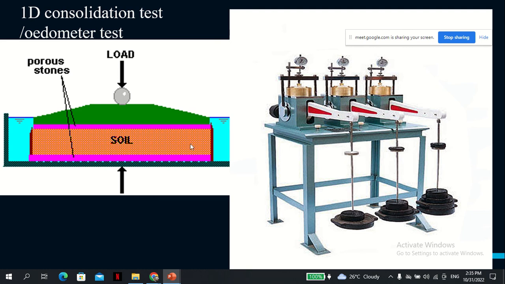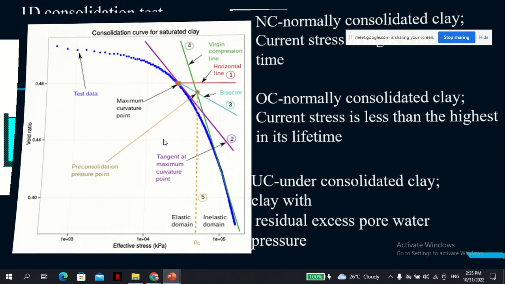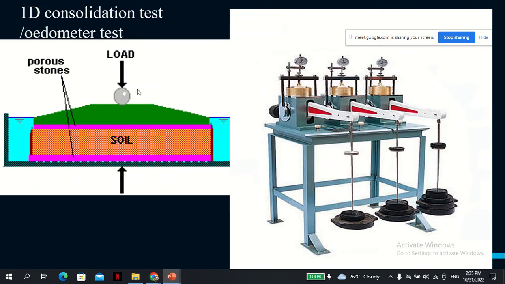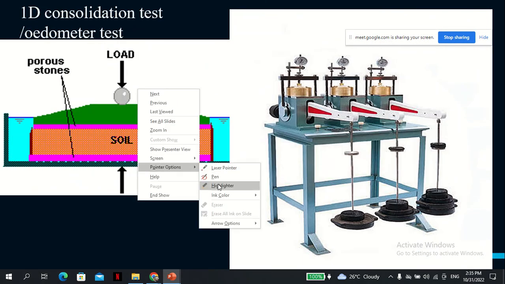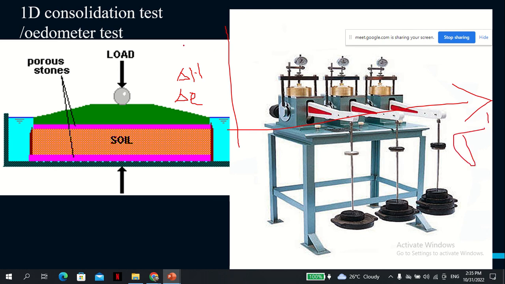If you can get the changes in height, you can relate them to the changes in void ratio, sorry, not porosity, the void ratio. So you draw a curve of sigma prime and delta e. Usually the curve is a nice curve, like this.